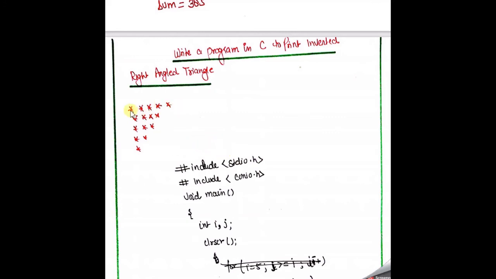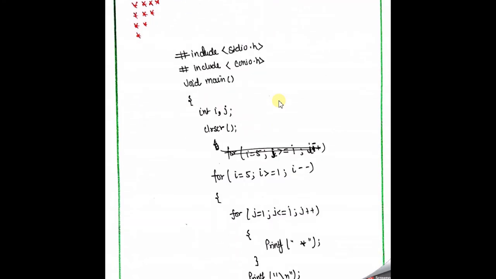In this case, just look at here, in the first row you need to print 5 stars, in the second 4, then the third 3 times, the fourth 2 times, and the fifth 1 time. If you draw the matrix format, you get the number of rows equal to 1, 2, 3, 4, 5, and what is the number of columns? 1, 2, 3, 4, 5, total 5 rows and 5 columns.